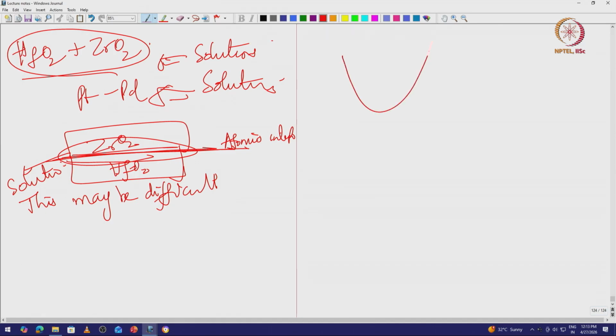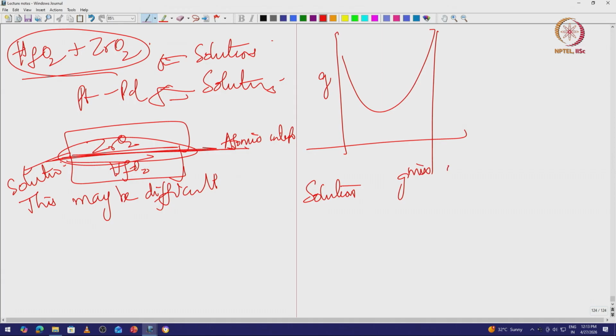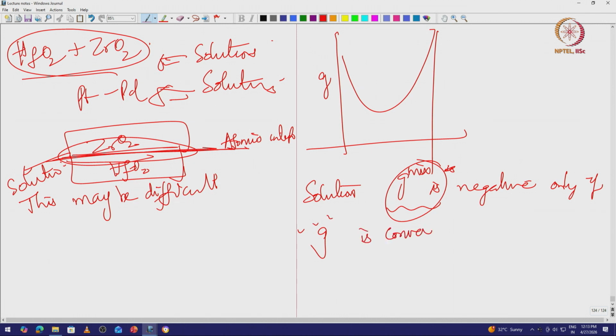only when the G of solution or G mix is negative. G mix is the driving force to form the solution, only if G is convex down. So, if G is like this now.